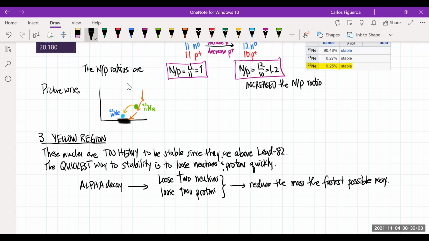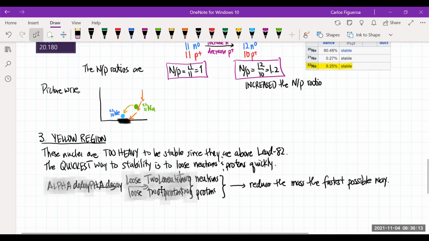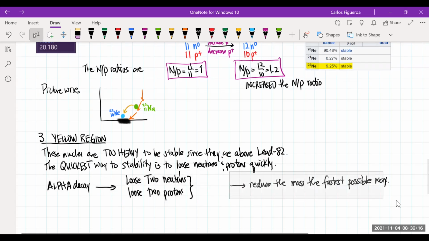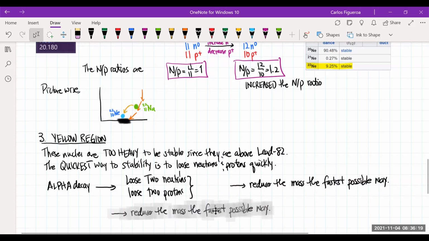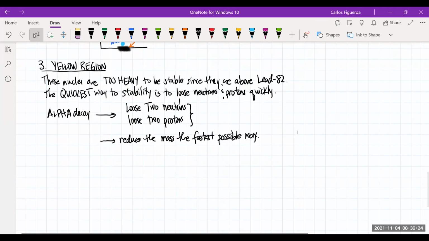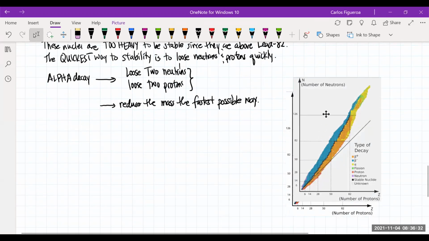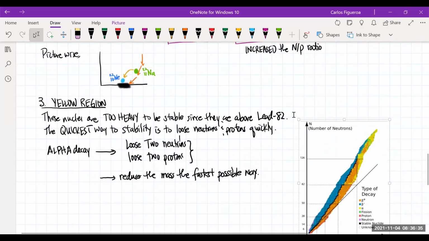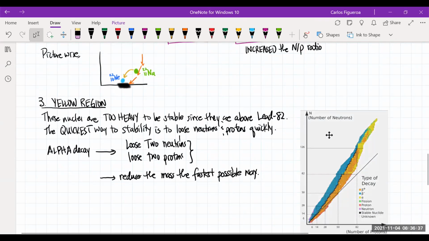But now let's go look at the, you know what? I should have moved. I'm going to move this a little bit. I'm not changing anything. All I need to do is put in the band of stability here to show you what I mean. And I'm going to move this up here. What we want to look at is one region in particular.